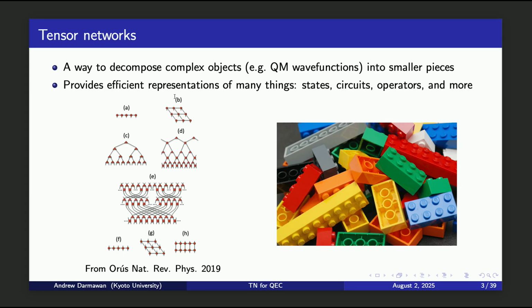The idea is that by breaking these things down in this way, you can get efficient representations of many different things that we're interested in. So not only can you represent states, you can also represent things like operators, quantum circuits, partition functions, and other things.